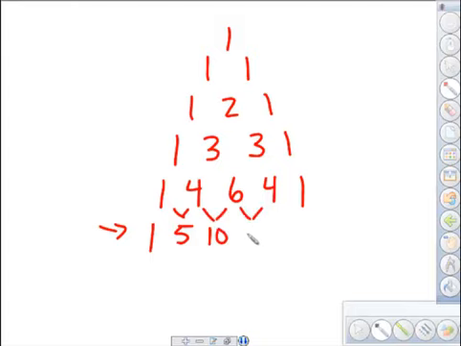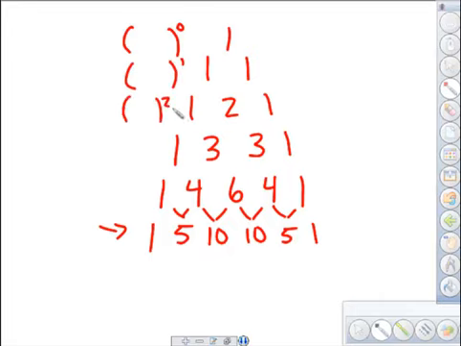Do you see the pattern? Okay, so this is called Pascal's triangle, and there's nothing really fancy about it. All it really does is tell us what the coefficients are for a binomial raised to a power. This is a binomial raised to the 0 power. This is a binomial raised to the first, this is a binomial raised to the second, third, fourth, and so on and so forth, okay?